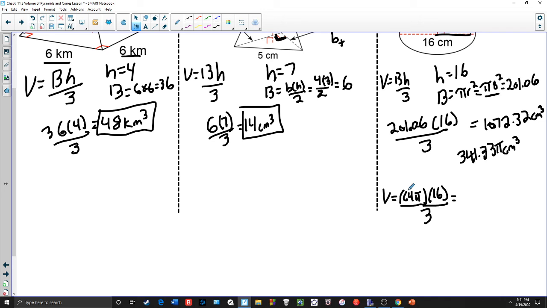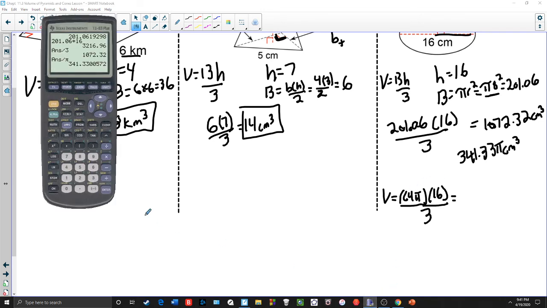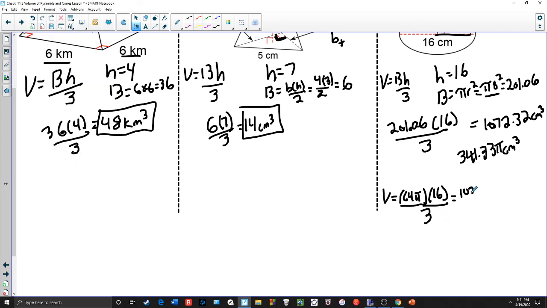So in this case, I would do 64 times 16, and get 1024. So 1024 pi over 3.